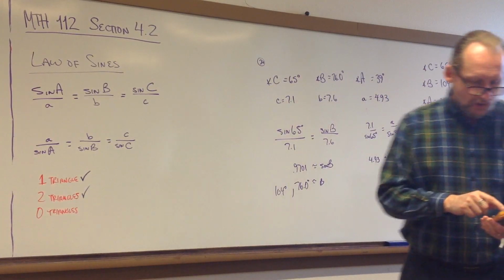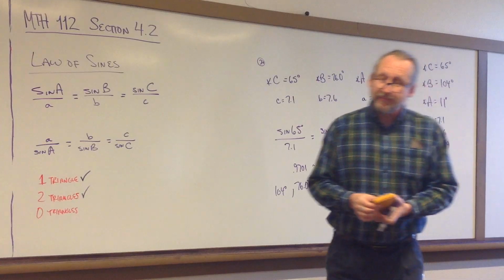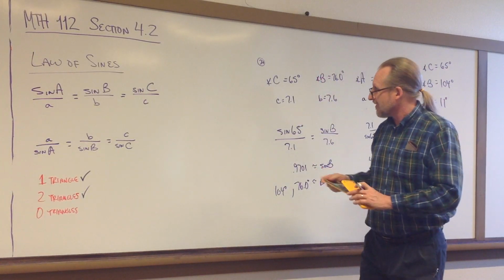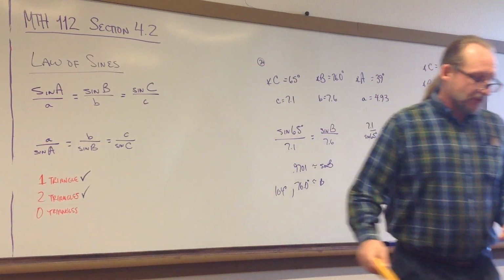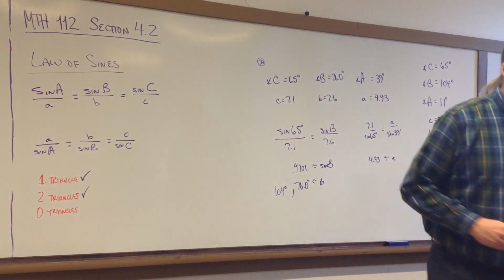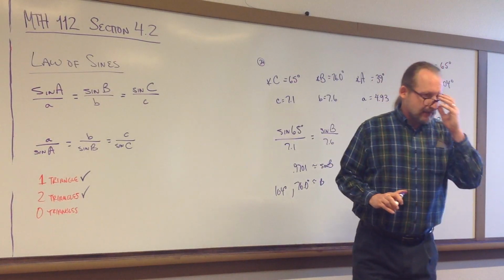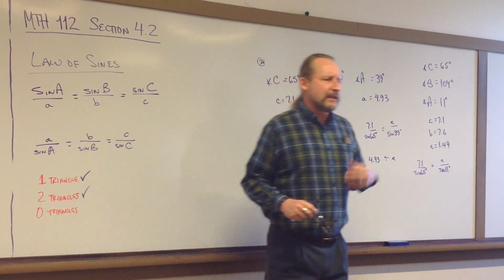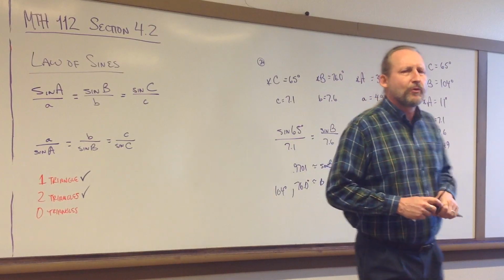All right, so that is what happens to the law of sines when you don't have enough information. Okay, so next week we will look at sections 4.3 and 4.4.